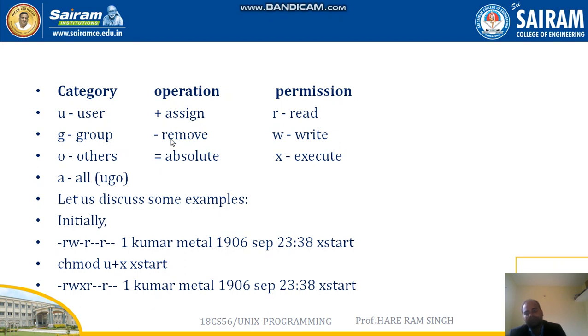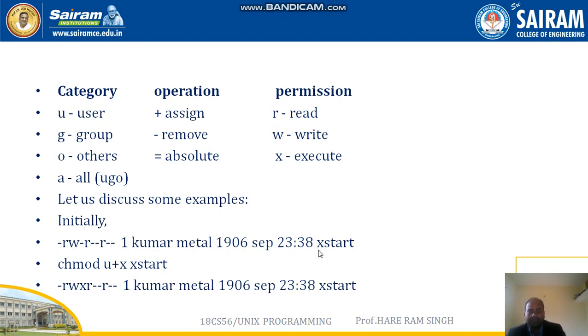If you want to assign some permission, you write plus. If you want to remove some permission, you write minus. If you want to give an absolute permission, you write equal to. Permission can be r for read, w for write and x for execute.